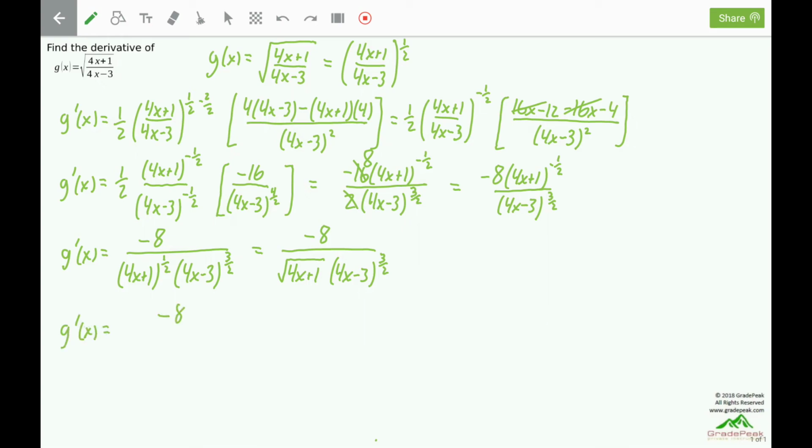And here's an optional way to write the result. We can extend the square root over the entire thing by having the 4x plus 1, it's to the first power, and the 4x minus 3 to the 3 power. And there's an optional way to write that derivative g prime of x. Either one of those is valid.